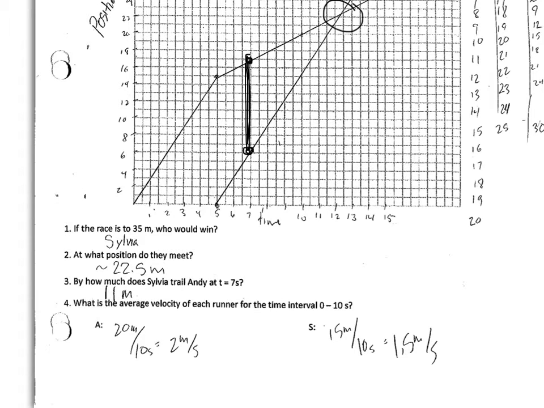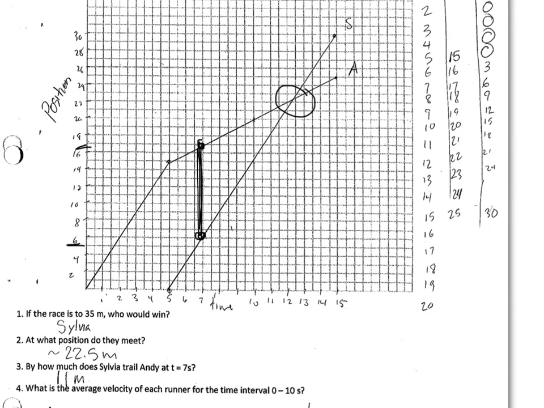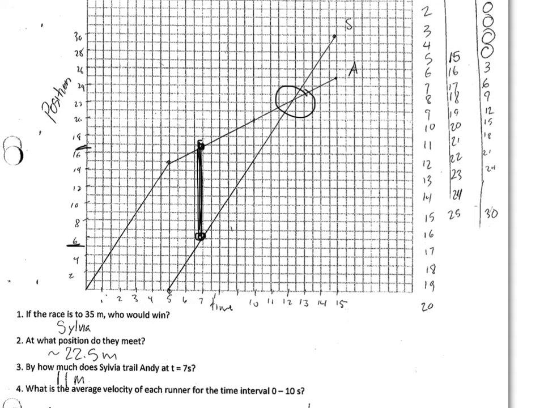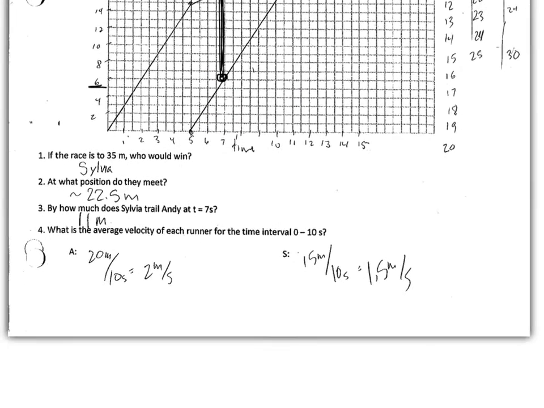One of them was at 6 meters, the other one was at 17 meters, so the difference was 11. So there was an 11-meter lead by Andy at this point in the race, but as you can see, that lead is decreasing because Sylvia is running faster than Andy at that point in time.